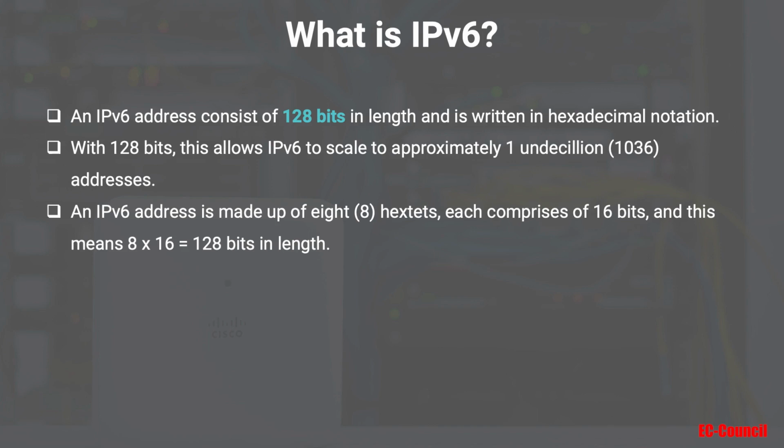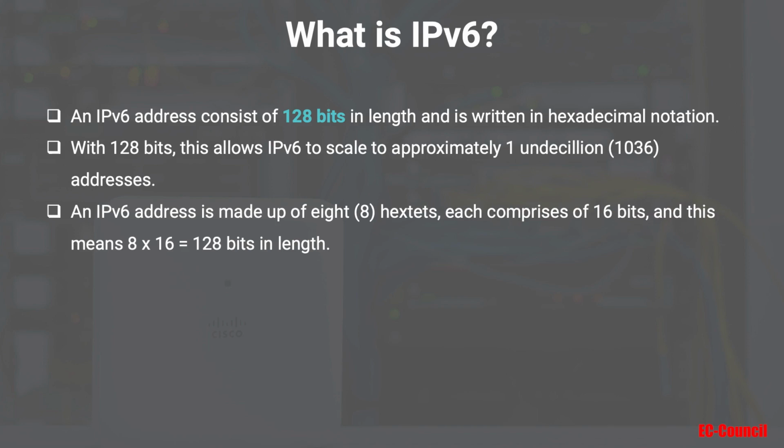IPv6 is written in hexadecimal notation, which means it ranges from 0 to 9 and after 9, A to F. With IPv6 having 128 bits, this simply allows IPv6 to scale to approximately 1 undecillion addresses, which is technically 10 to the power of 36 addresses.